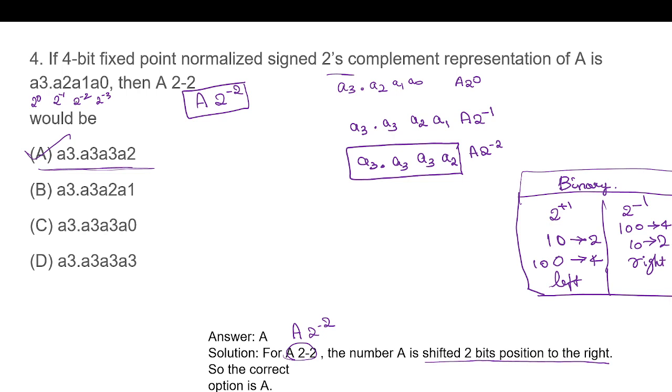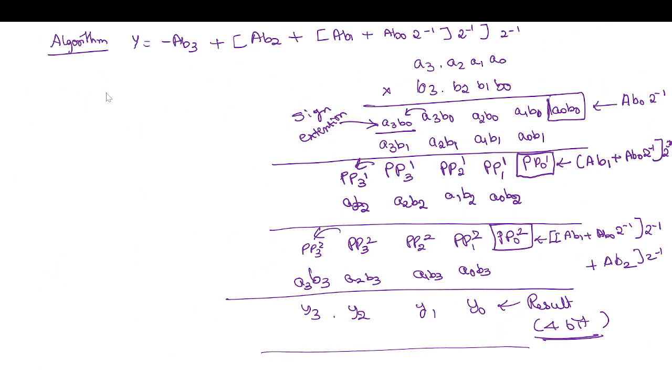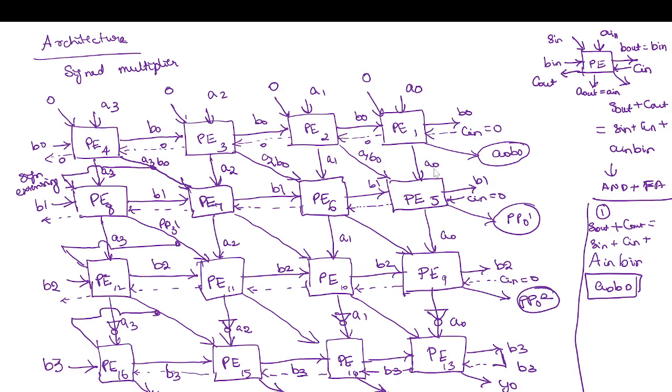So this is how we have initially multiplied. See here, A3, A2 is 2 to the power minus 1, A2 is 2 to the power minus 1, A3 is 2 to the power minus 2, then minus 3.